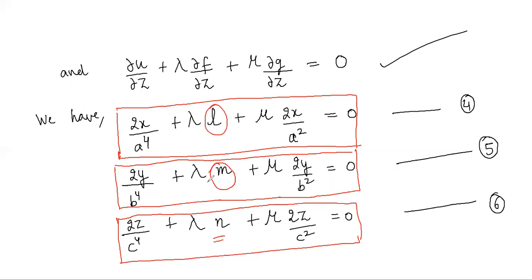So by doing this, we will be able to find a relation which will be having only mu, which will be free from lambda, because Lx plus My plus Nz will become 0. So let us try this one.